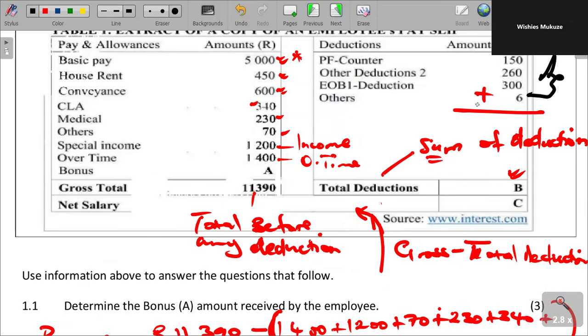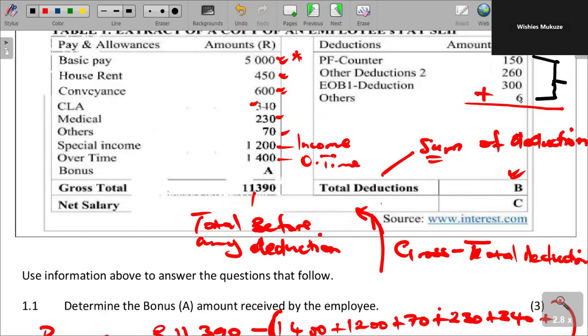When we add these figures, what we get is 716. We are just adding all of them, and what we get is what we call total deductions, which is a sum of all these figures that we have here.